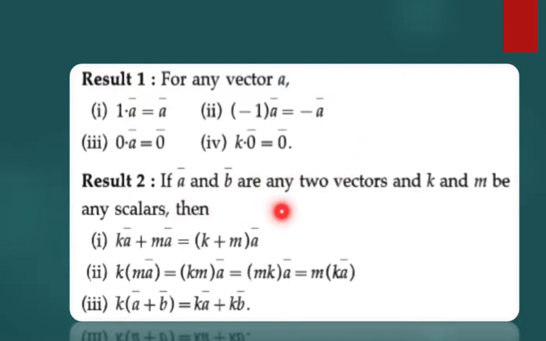If a bar and b bar are any two vectors and k and m are any scalars, then k a bar plus m a bar equals k plus m into a bar. That means we can distribute the vector a bar over the scalars k and m. Now here we use the associativity for these scalars.